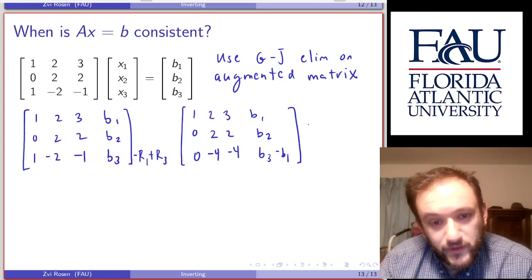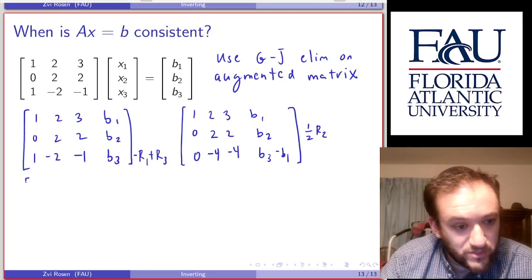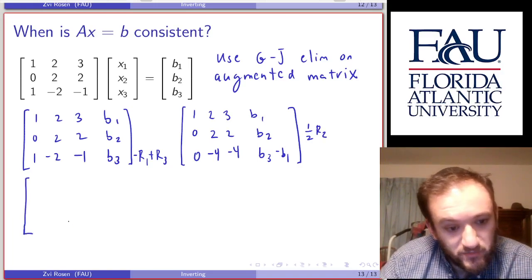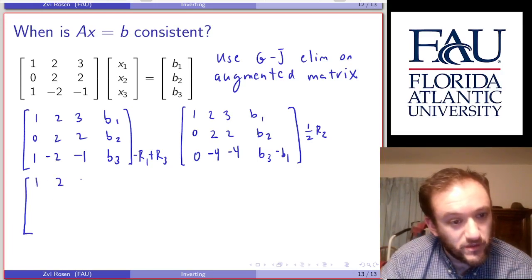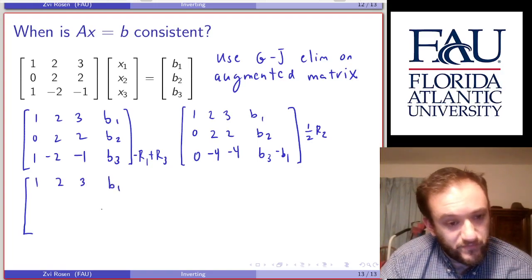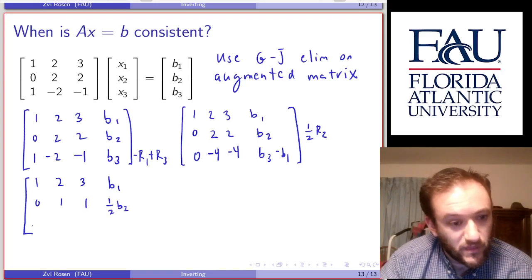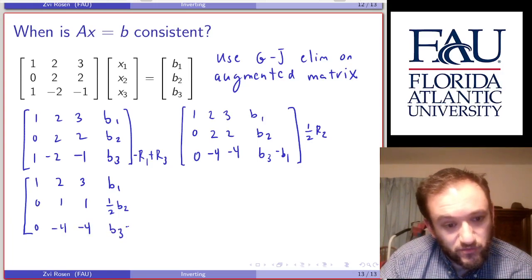Now, as before, we want to multiply this row by 1/2. And again, we make sure to do this as well with our symbolic entry. So this is 1, 2, 3, B1, 0, 1, 1, 1/2 times B2, and 0, minus 4, minus 4, B3 minus B1.